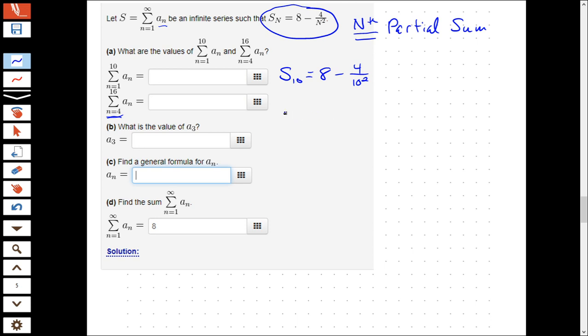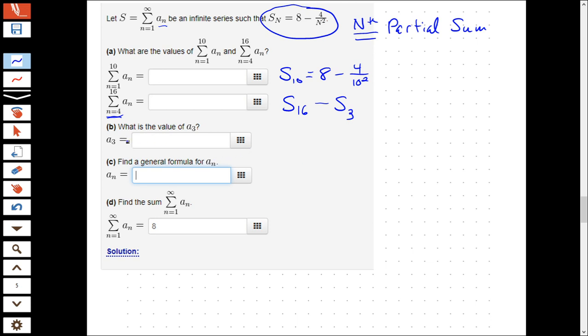So to get the sum from 4 to 16, we should take the 16th partial sum, but now we have to take away the first 3 terms, so we can subtract out the third partial sum. All right, and this will be equal to the sum going from 4 to 16.